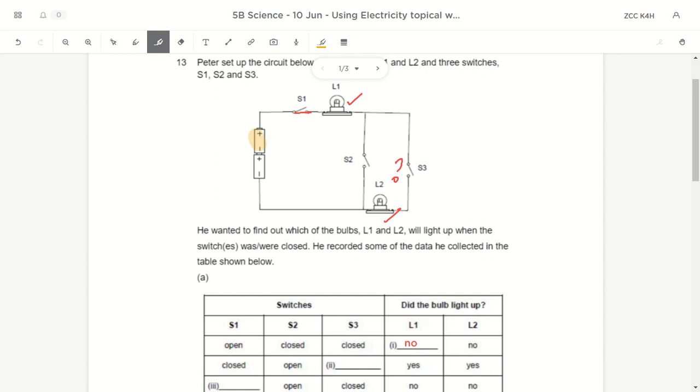Let's start from here. We know for sure that S2 is open, so electric current cannot flow downwards; it will just go over here. We don't know about S3, but since L2 lights up, there must be a closed circuit like this, all the way up and back again. So S3 must be closed as well in order for there to be a closed circuit.